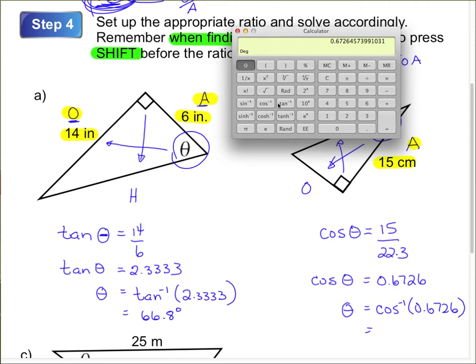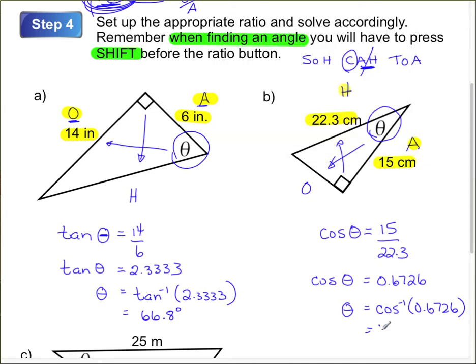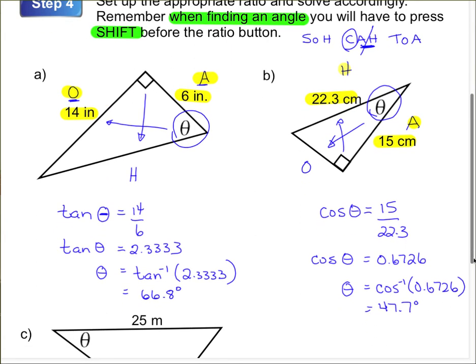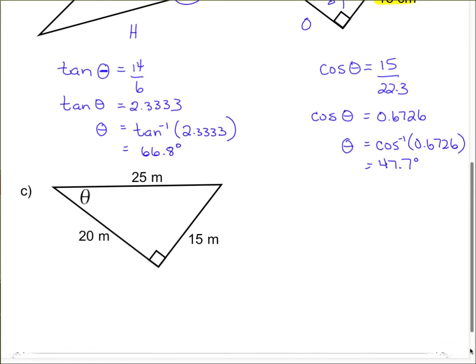Now I'm going to press cos -1, and this already has the shift pressed on it. So when I press the shift, I get the cos -1. You'll have to press shift on your calculator. Cos -1 gives 47.7. Now, if you're having trouble with your calculator, you need to talk to me in class about how to use that calculator, because the calculators are all a little bit different.